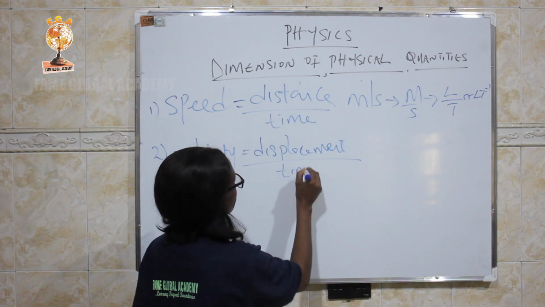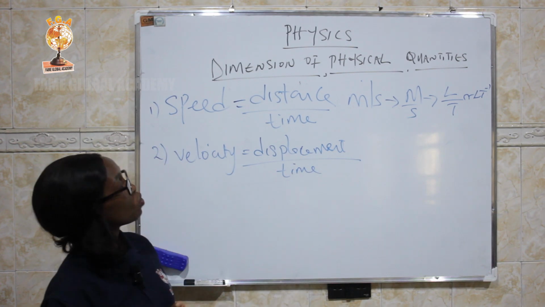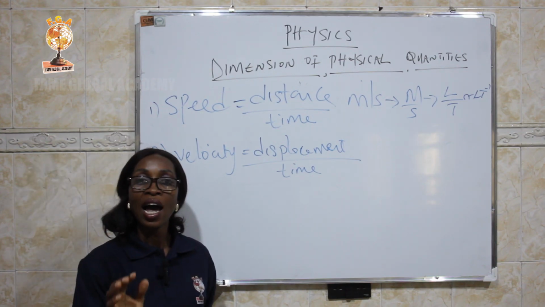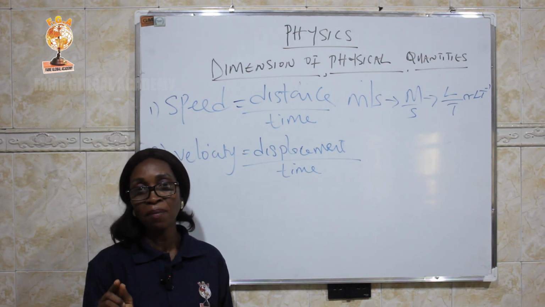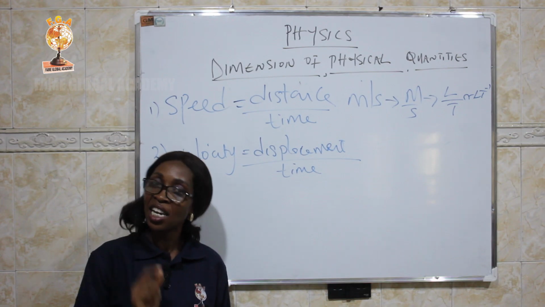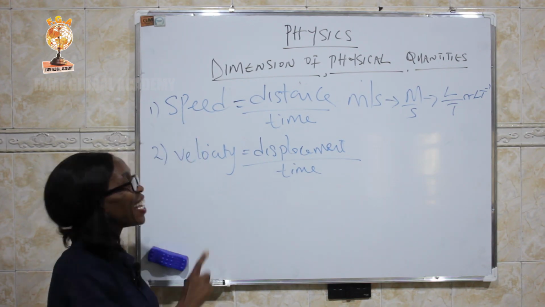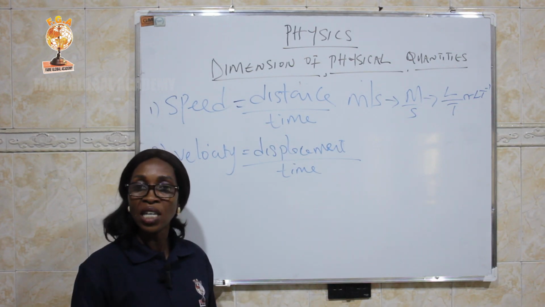Somebody could say speed and velocity are alike, but they are not the same. One is a vector quantity and the other is a scalar quantity. Now, speed is a scalar quantity, talking about distance with time.